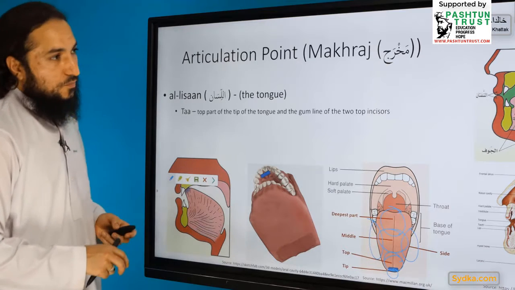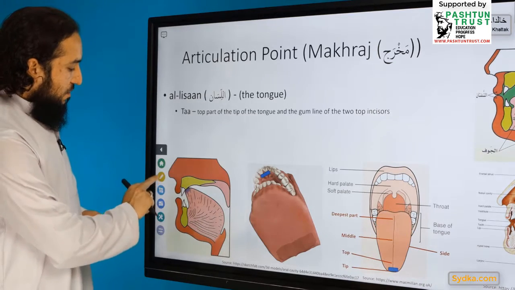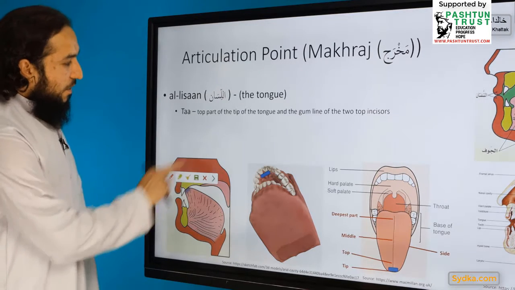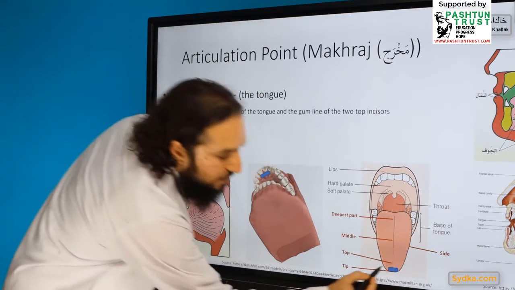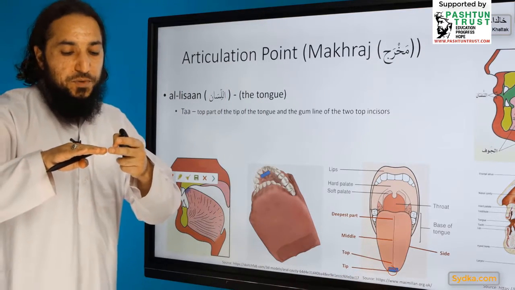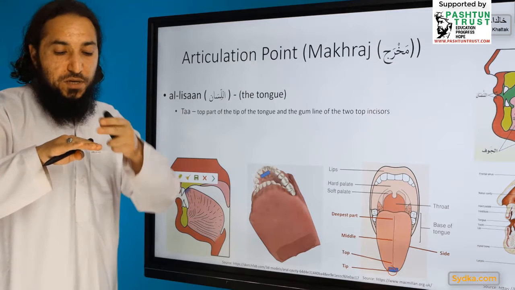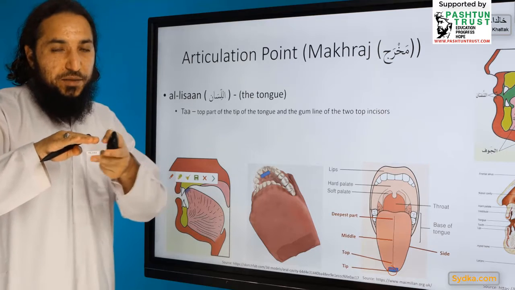Okay. So what we said here, we said the top part of the tip of the tongue. So this is the top part of the tip of the tongue. If you see, the tip of the tongue has three parts: the front, the top side of the tip, and the underneath.